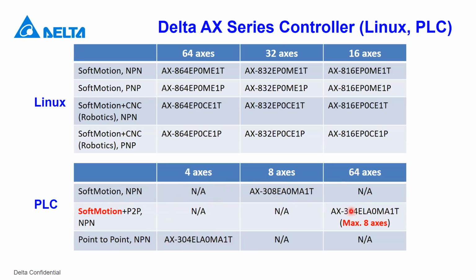And the final model is AX364EL. This model for most of the A6 can do point-to-point. Only the first A6 can support the slow motion, meaning you can do synchronization.